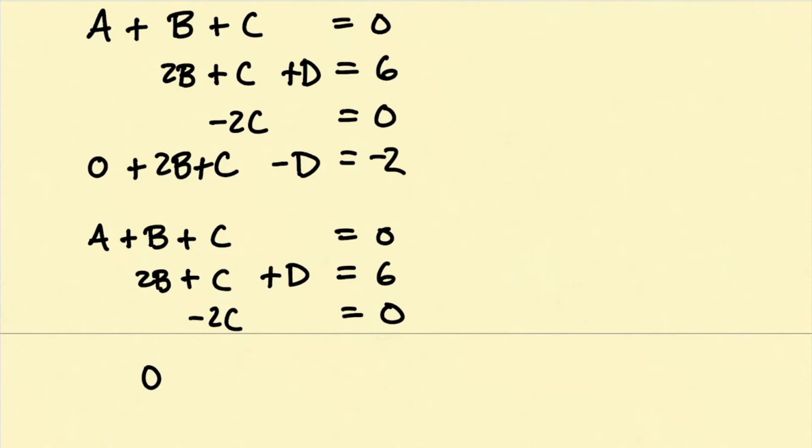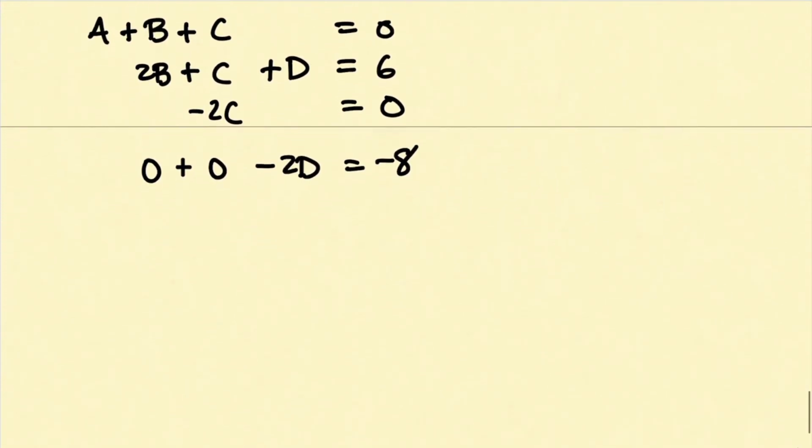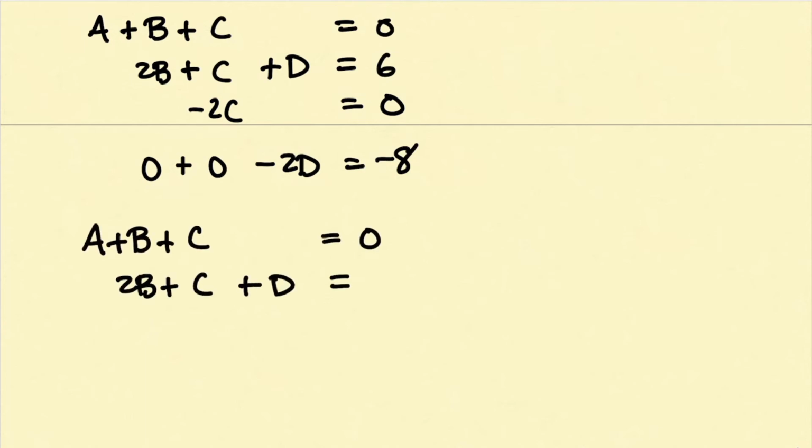I'm going to take the second equation and subtract that from the fourth equation. For my next operation, I want to get rid of the C's, and I can also get rid of the D's. The first thing I'm going to do is scale the third equation by -1/2, and I'm also going to scale the fourth equation by -1/2.